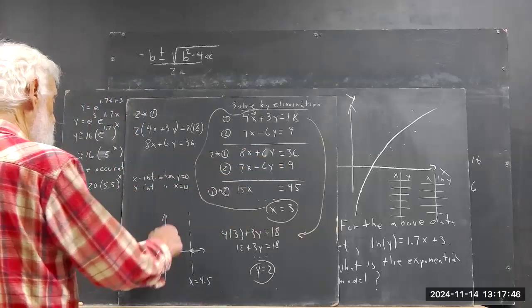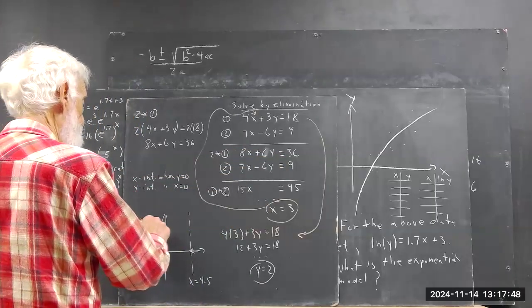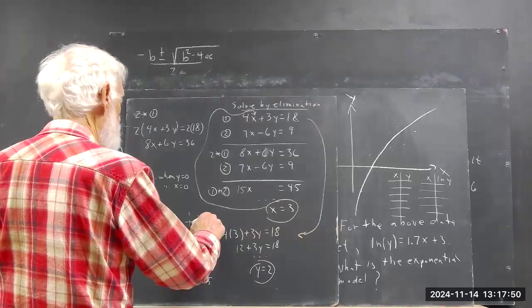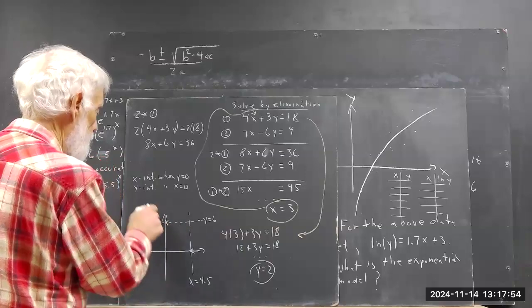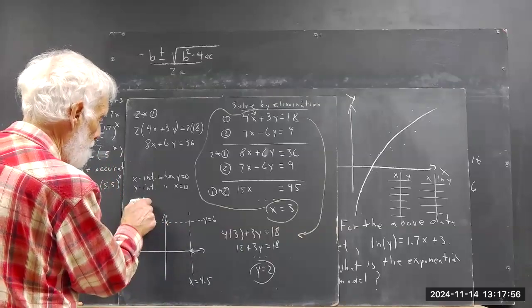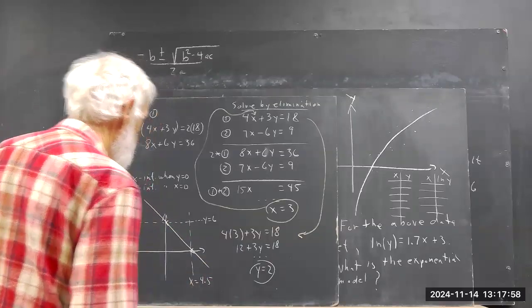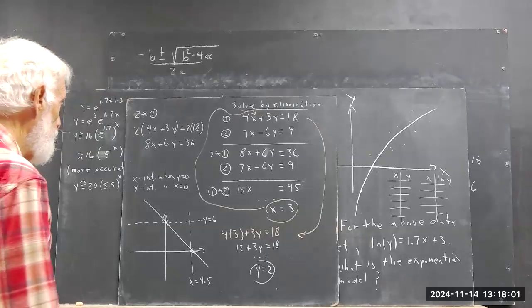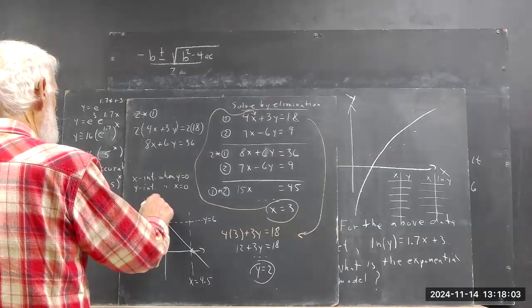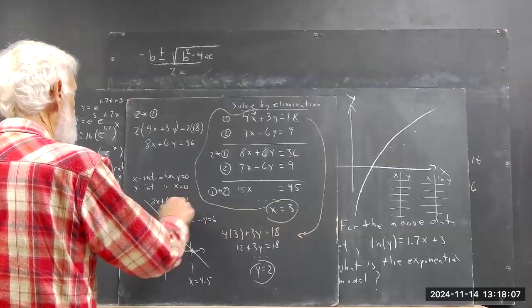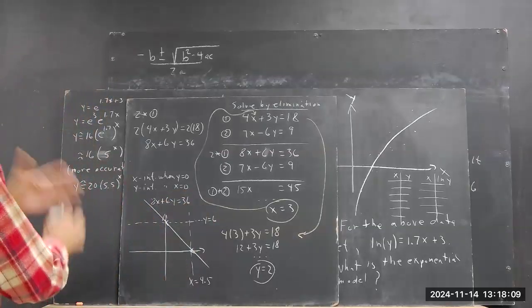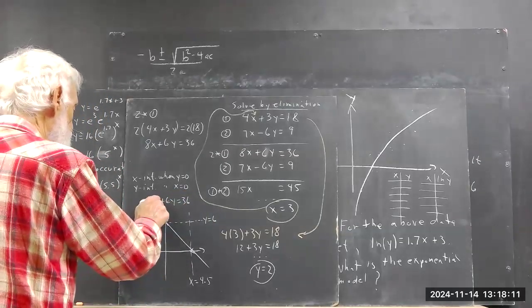So y equals 6. And these will be the intercepts. And the graph will look something like this. And we label the line 8x plus 6y equals 36.